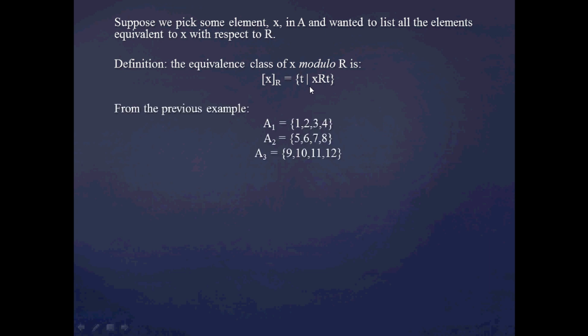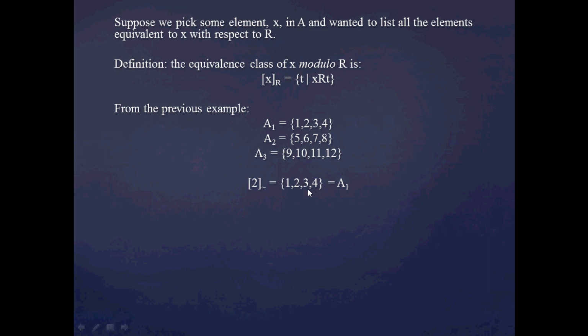So if I go back to the previous example, where I have that partition into 3 divisions, let's look at the equivalence class of 2 with respect to that equivalence relation tilde. We can see that that equivalence class is going to be 1, 2, 3, and 4, because all 4 of these elements are said to be equivalent to 2, and they're equivalent to 2 because they're in the same division.